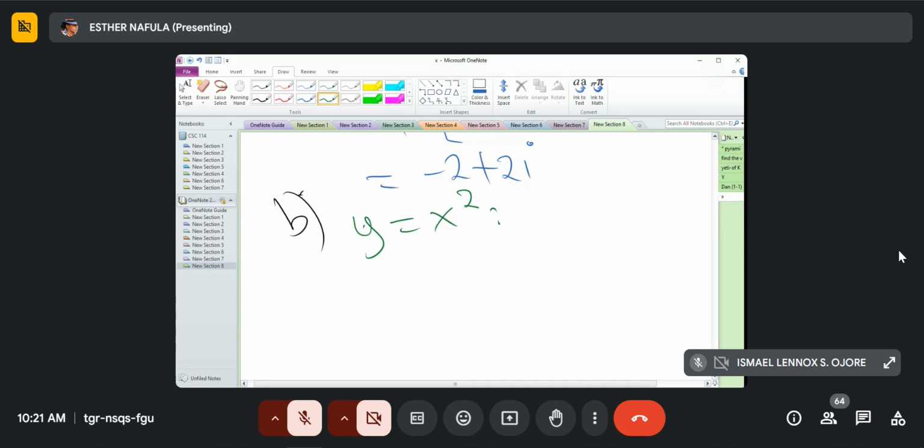Are you having a straight line? Have you been given coordinates, or have you been given the equation? If you're given the equation, you don't need to do any computations. You just go straight to the equation, check how you can write everything in terms of x or y, then proceed. So if we are given a parabola, you are given y is equal to x squared. So you already have what to work with.